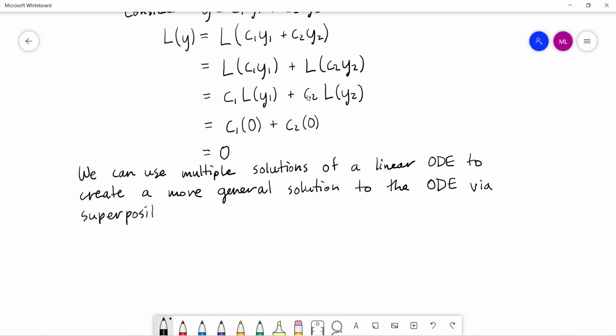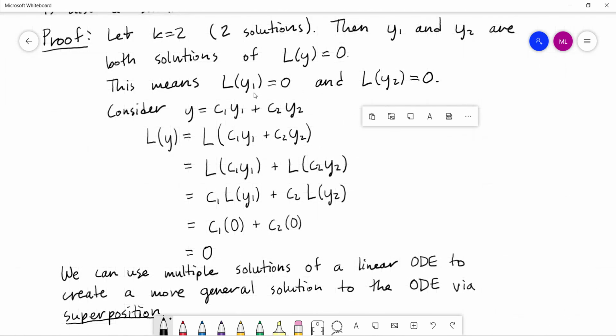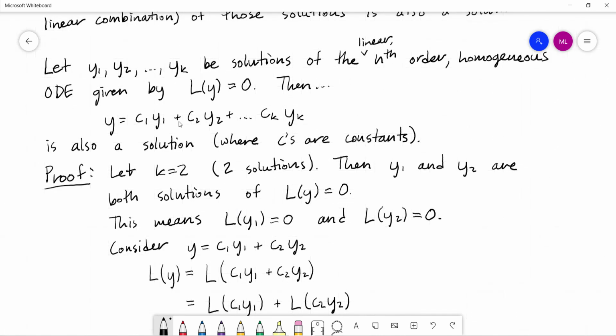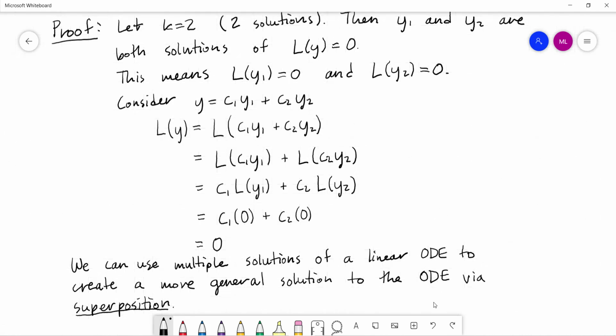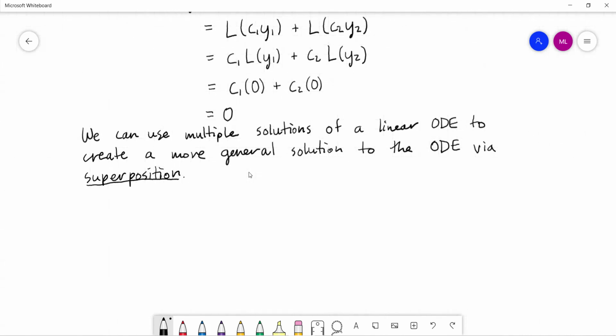And what is superposition? Again, superposition just means exactly like we did here, we take a linear combination. So a constant times the first one, a different constant times the second one, in general, all the way up to, if we have k different solutions that we found, any linear combination will also be a solution.